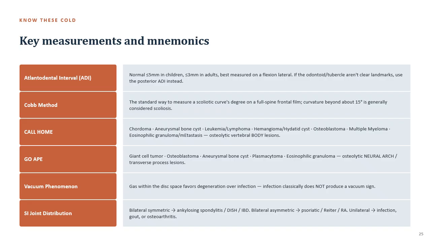The last thing is when we're looking at the SI joints, or the sacroiliac joints, we're going to pay attention to whether the changes affect both sides equally, or both sides differently, or just one side, because that pattern again can help narrow down some of the causes of what's going on with our patient.